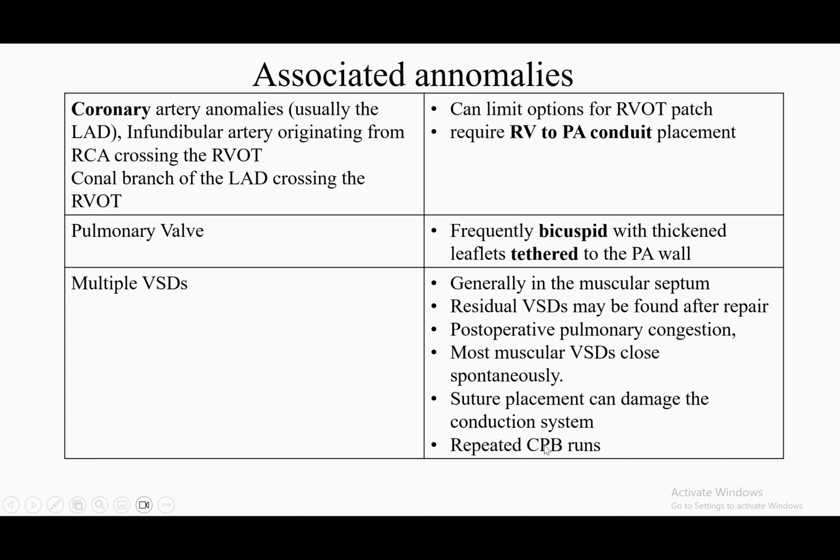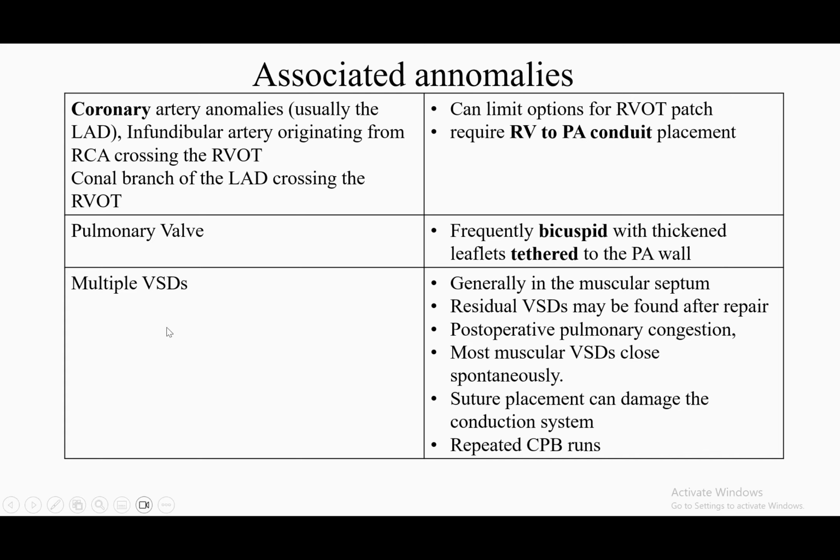Sometimes they close spontaneously if they are muscular. And if we try to close them, sutures may damage the conducting system, causing heart block or bundle branch block, and they may necessitate repeated cardiopulmonary bypass runs to close them.